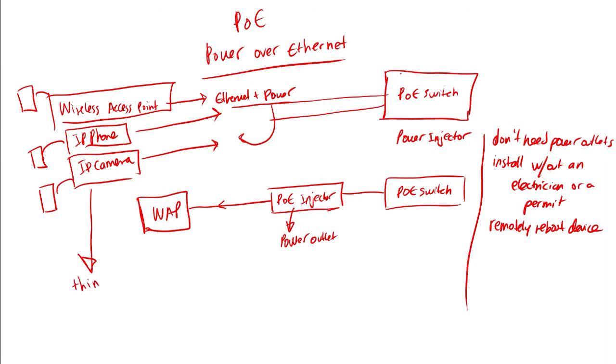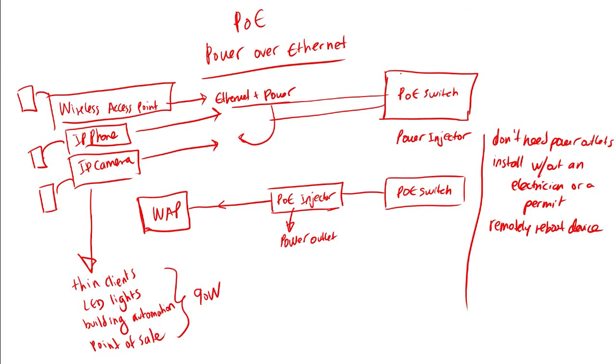We can have thin clients and have LED lights and have building automation, point of sale, because devices are becoming much more energy efficient, and with the power rate now at 90 watts, you can do a lot with 90 watts. So yeah, we have a lot of different devices that can be powered.